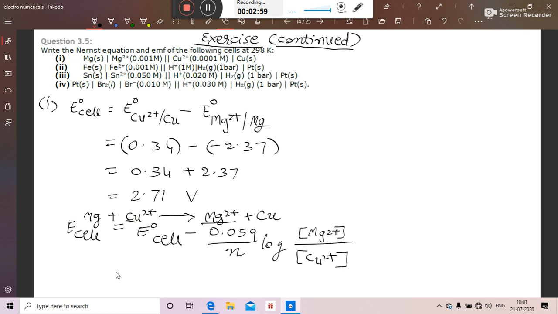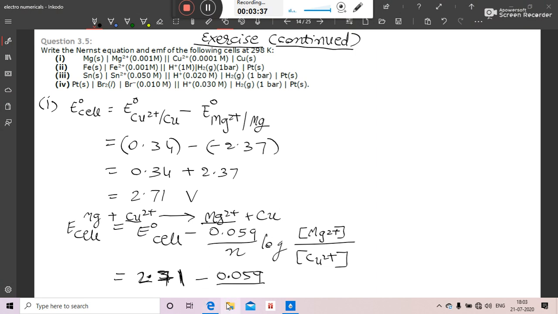Now E naught cell is 2.71, so instead of E naught cell we will write 2.71 minus 0.059 upon n. In the denominator, n is the number of electrons gained or lost. From the balanced equation we see that on both sides the charge is 2+, so the number of electrons gained or lost is 2.